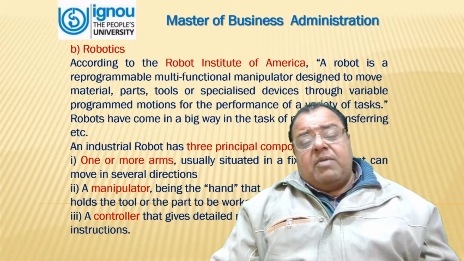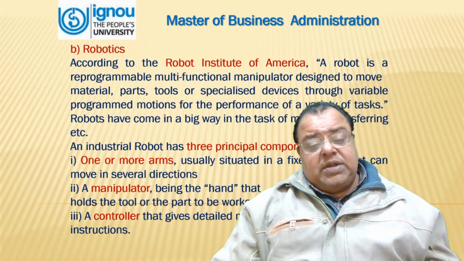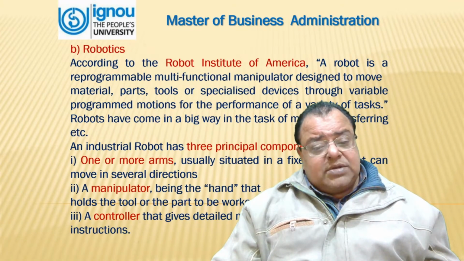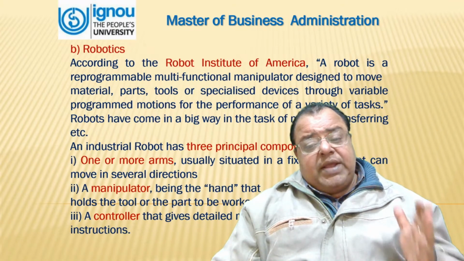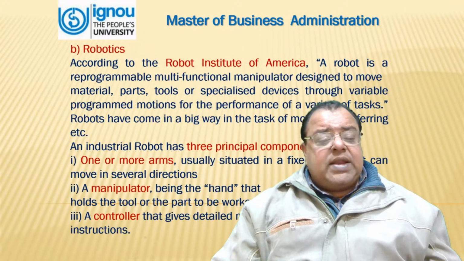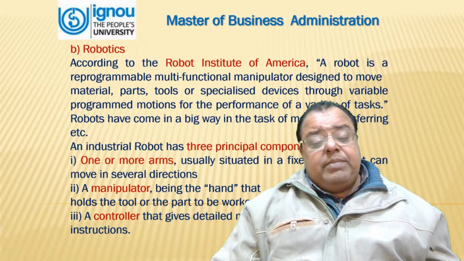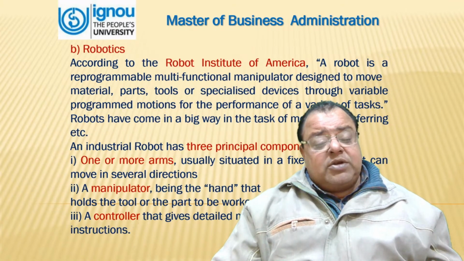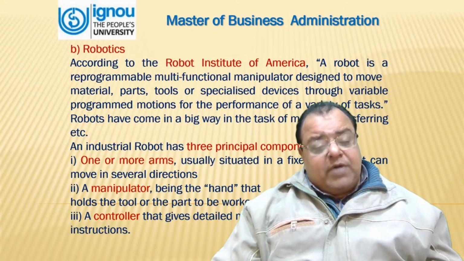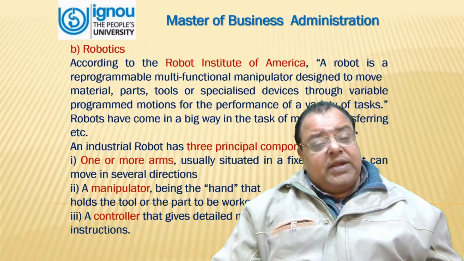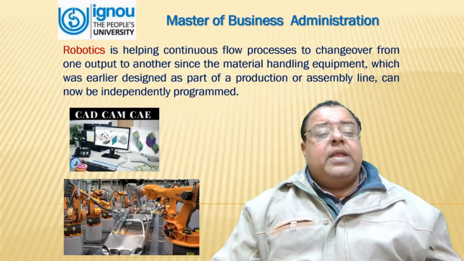An industrial robot has three principal components: one or more arms, usually situated on a fixed base, that can move in several directions; a manipulator, being the hand that holds the tool or the part to be worked; and a third one, the controller, that gives detailed movement instructions.